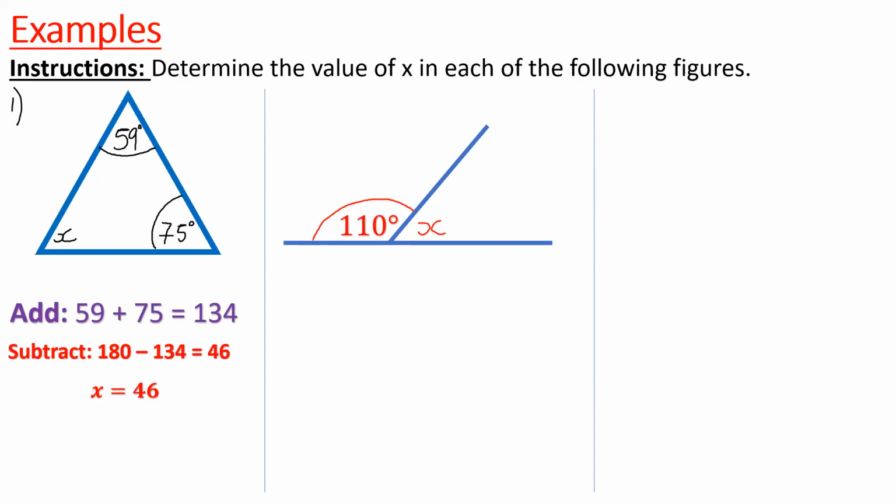And then once you subtract 180 and 110, you would have 90 degrees. So x equals 90 degrees. Very good. So basically you're telling me that all I have to do is subtract.